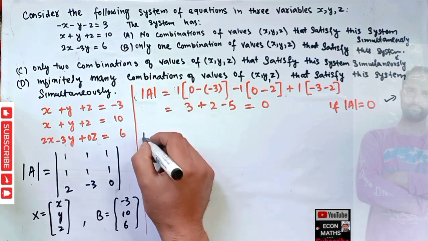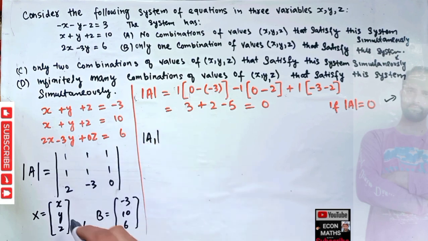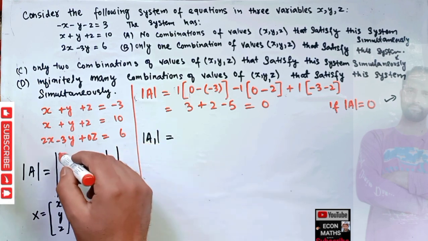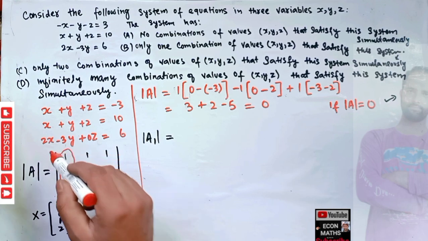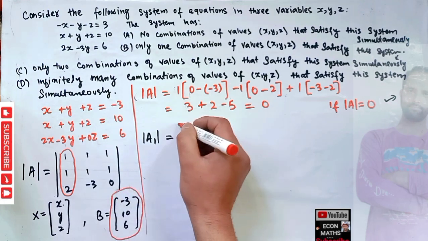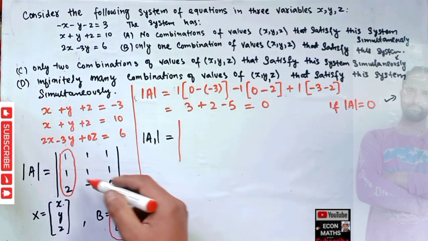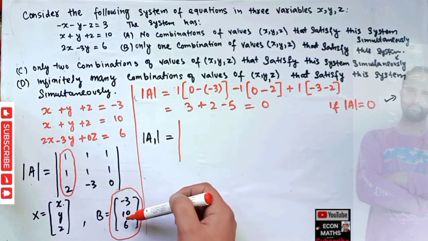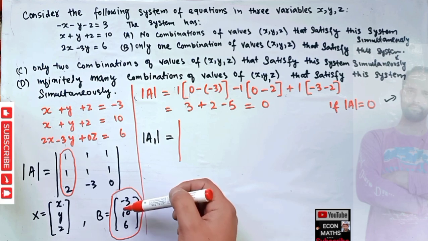Now to find a1, that means to get the value of x, we need to form a new matrix a1 such that it is formed by replacing the first column of the coefficient matrix with the vector of constant terms.